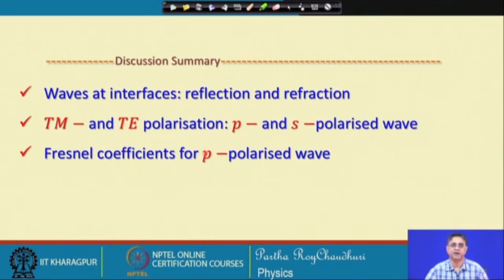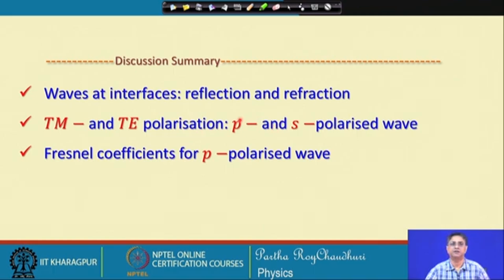So, to summarize the discussion, we have seen the waves at interfaces, particularly reflection and refraction. We have also seen both the configurations, that is TM and TE polarizations, and how the electric and magnetic fields are oriented with respect to the structural geometry, that is the interface plane and the incidence plane.